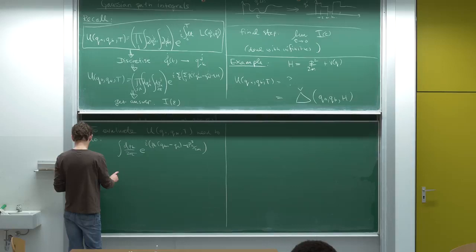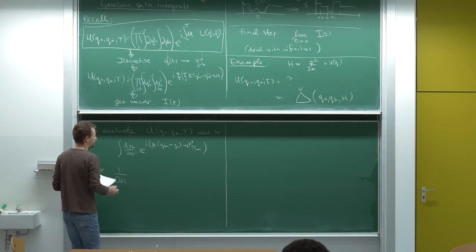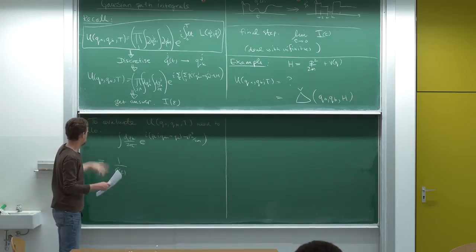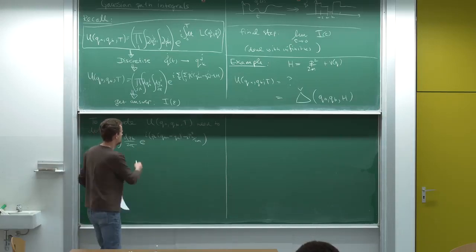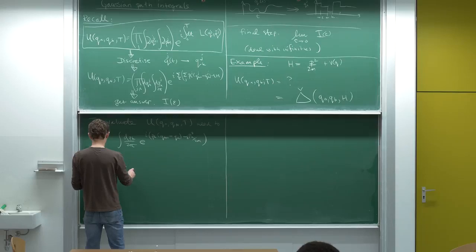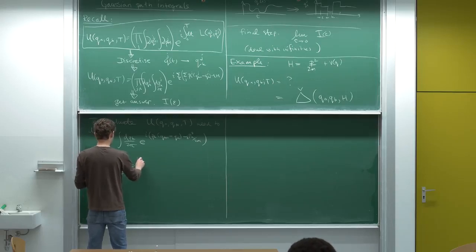But for now, I'm just going to write out the answer. And the answer is 1 over some constant that I don't care about. As we'll see, we really don't care about it. That depends on epsilon and q. No, only epsilon. And it has the following form.